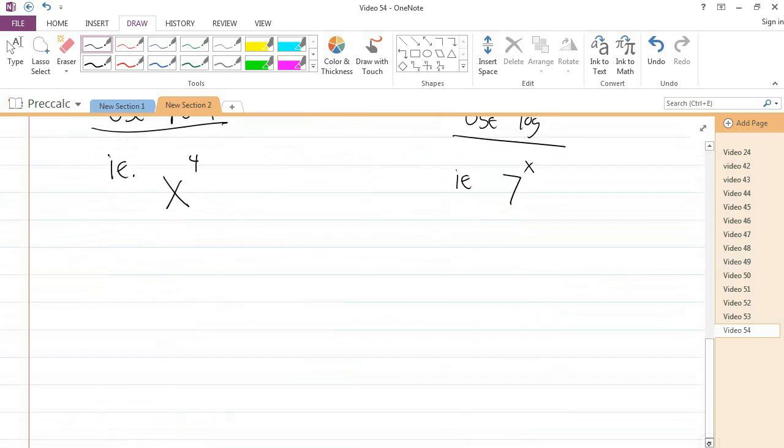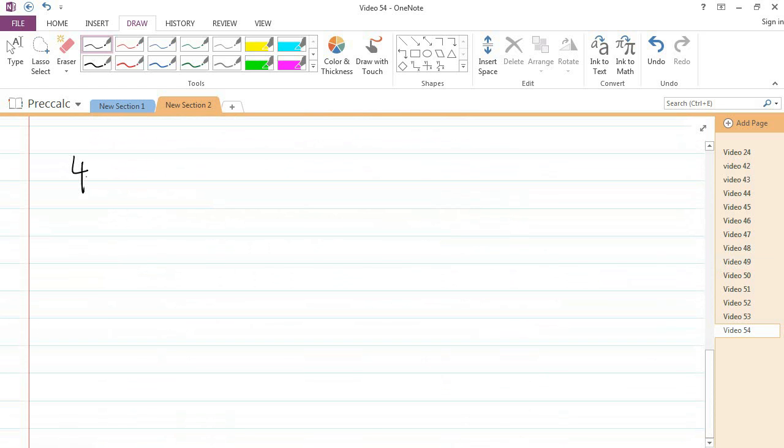The last property also comes from the fact that logs and exponentials are inverses, and it just turns things around. If I take a base and raise it to the power of a log with the same base of some number, I'm going to end up with that number.